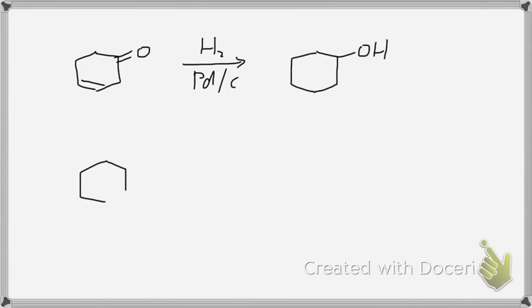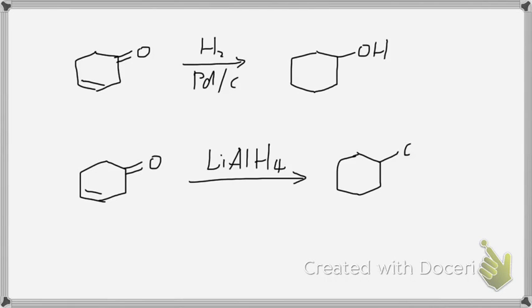But one thing I do want to point out is that catalytic hydrogenation can reduce the C=C double bond and the C=O double bond at the same time. But lithium aluminum hydride and sodium borohydride, the hydride reducing agents, can only reduce the C=O double bond, not the C=C double bond. So that's the difference between these two reactions.